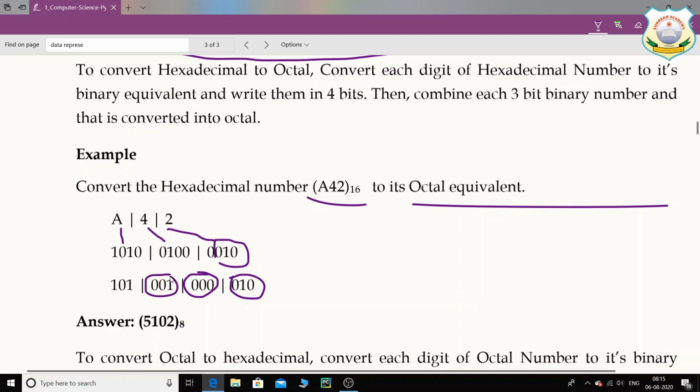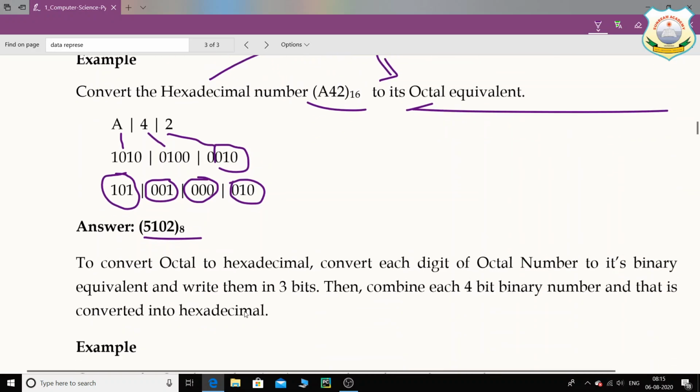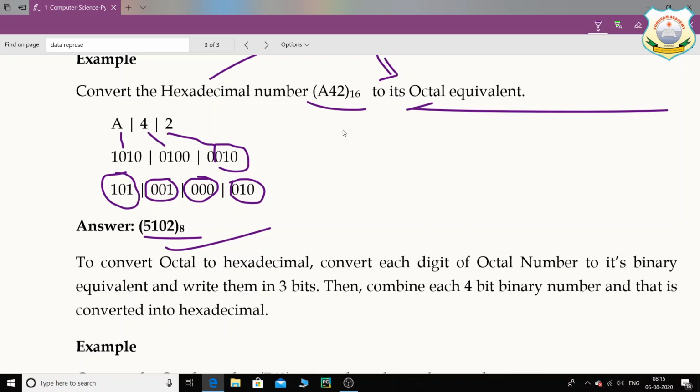This is the third group, and 101. This is the fourth group, and this is the answer. Why? Because we wanted to convert hexadecimal to octal. So if it is octal, I have to make groups of 3, and so we have this answer. So for hexadecimal to octal or octal to hexadecimal, remember that the first conversion that will take place will be binary. First convert that into binary, form the groups, and then write the answer. It's pretty simple, children.